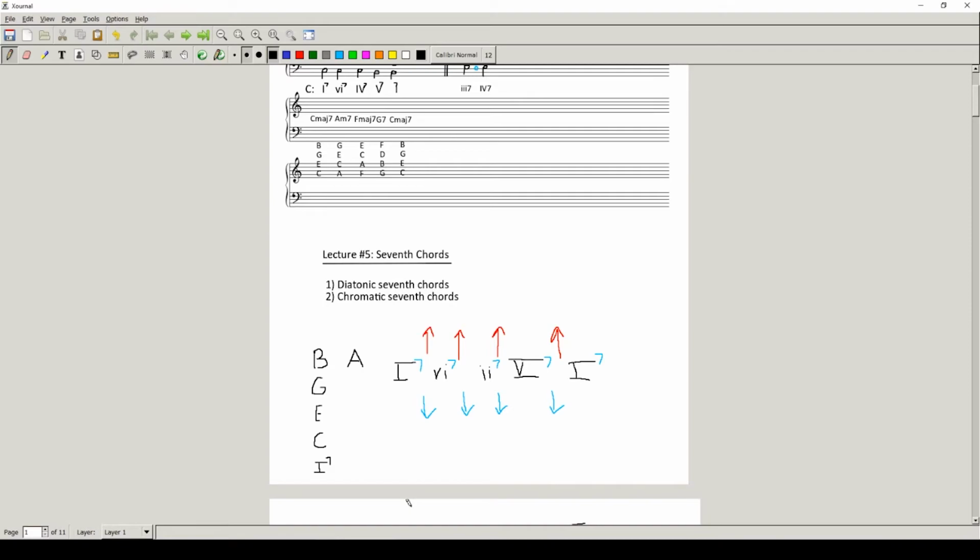And then, if we think of chords as being basically the same if they have the same root. That is, a 1 chord is basically the same kind of thing as a 1-7 chord. A 2 chord is basically the same kind of thing as a 2-7 chord.